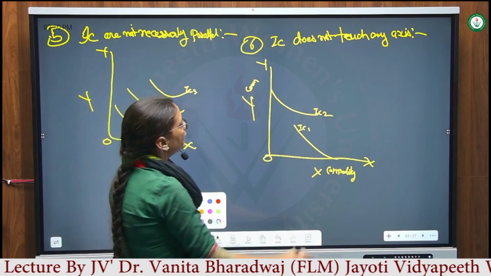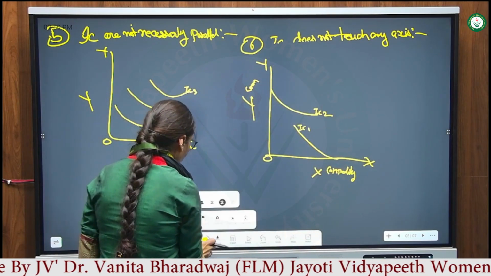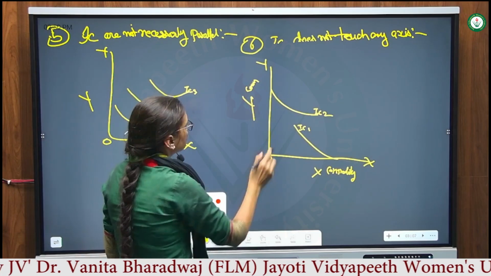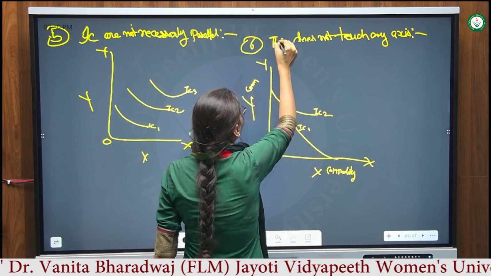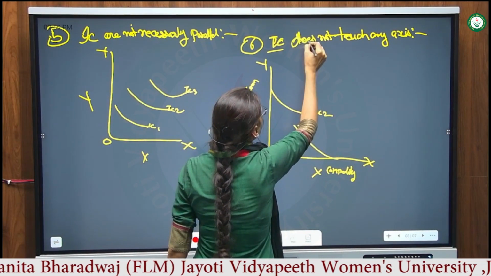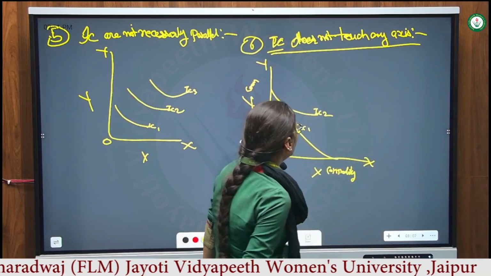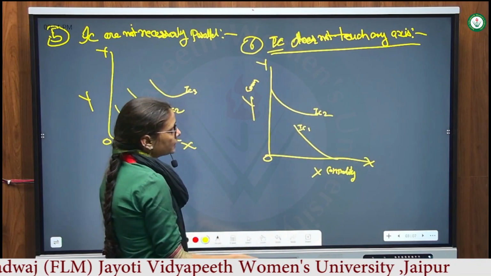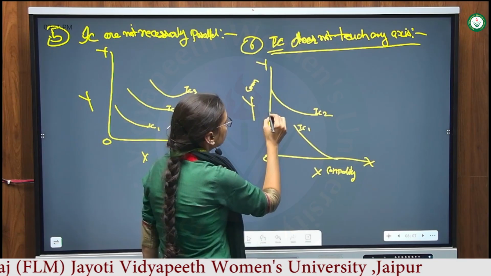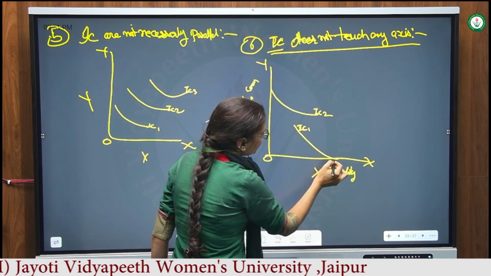The next point is that an indifference curve does not touch any axis. For example, say indifference curve 1 is touching the y axis.